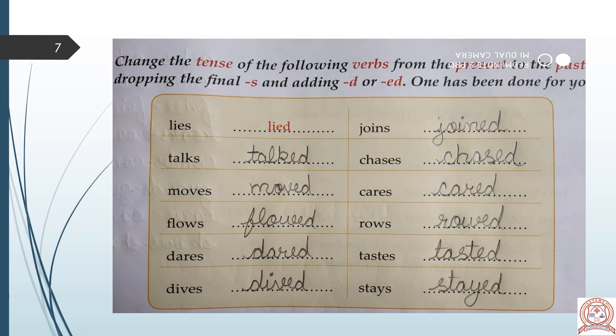Now third, MOVES, moves. And if we remove S, we will add D, moved. M-O-V-E-D, moved. Now fourth, FLOWS, flows. We will remove S and we will add ED, flowed. F-L-O-W-E-D, flowed.